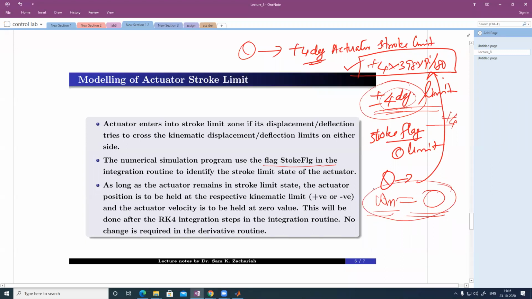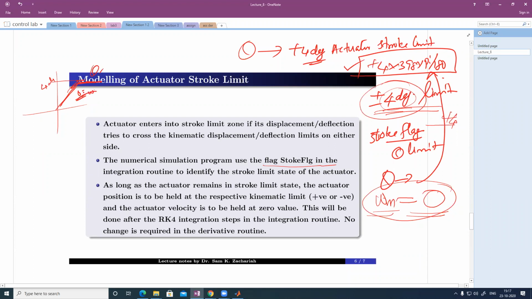Because if it is coming like this and attaining this limit, and the theta is 4 degree, you have to make this velocity also 0. Theta you have to hold at 4 and the velocity after this, it won't move.